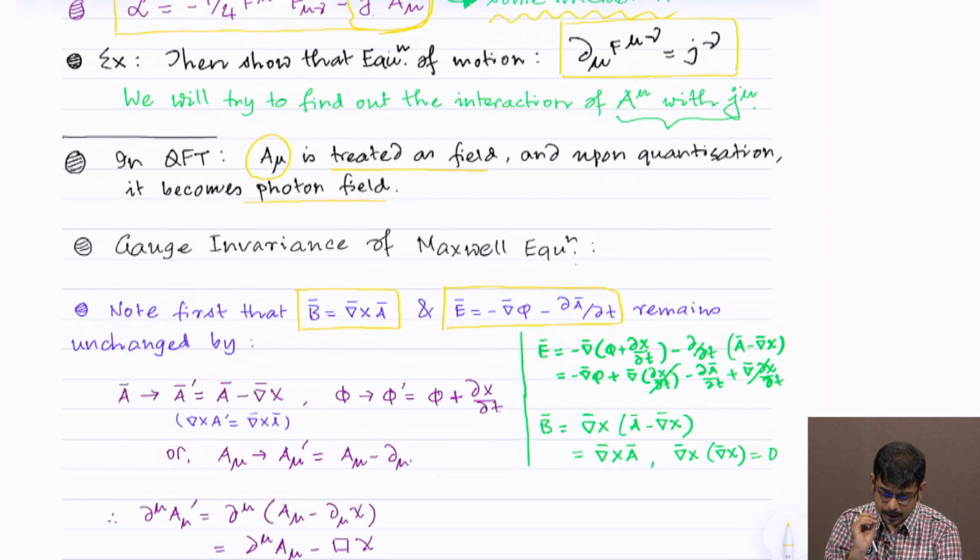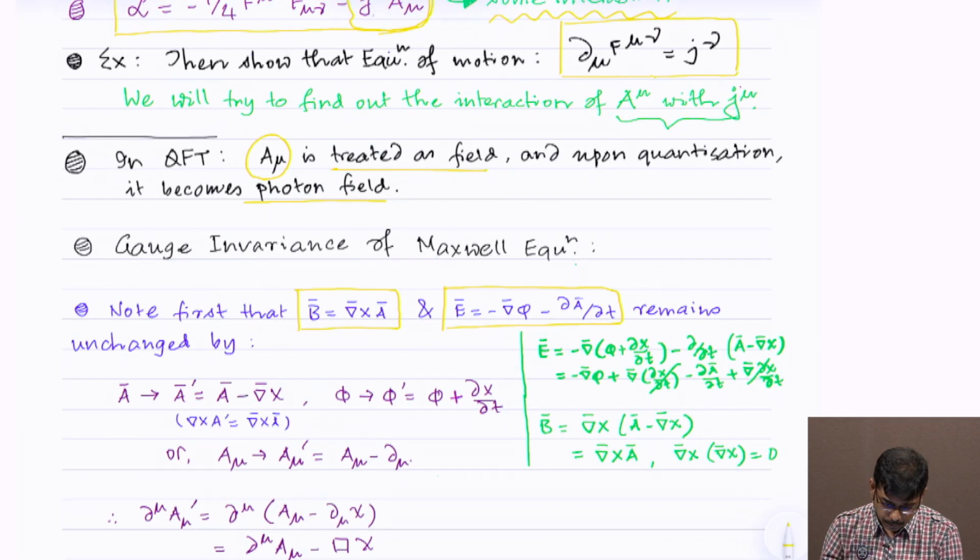So you can always say that B could be written in terms of a vector potential, E could be written in terms of a scalar potential, and then we combine the scalar potential and the vector potential to form the field A_μ, with respect to which the Lagrangian was written as minus 1/4 F_{μν}F^{μν}. This was the bottom line.